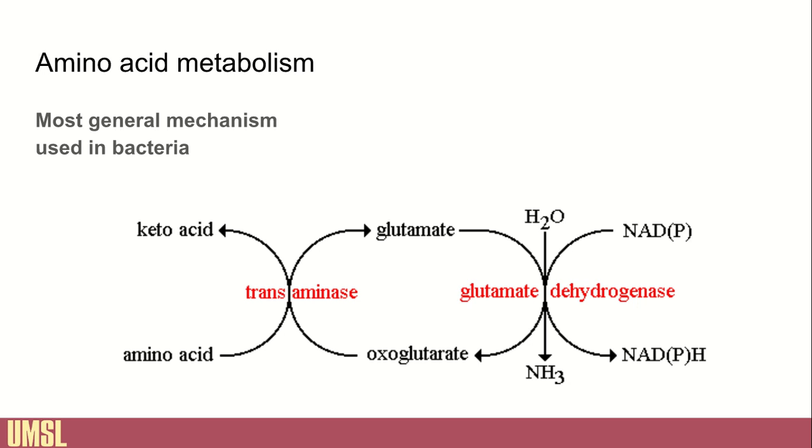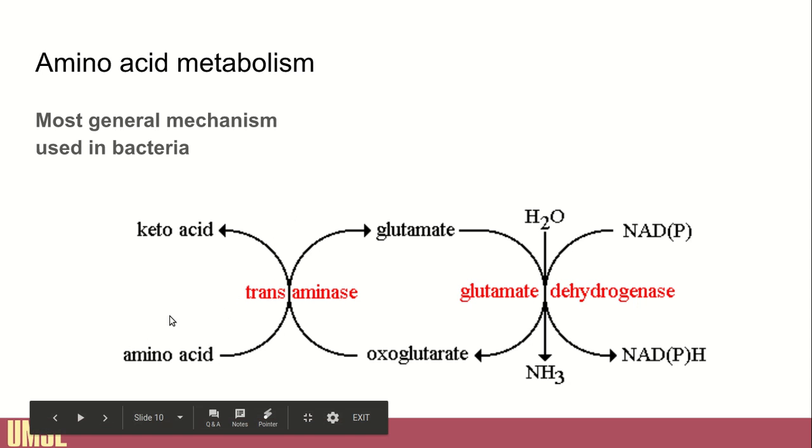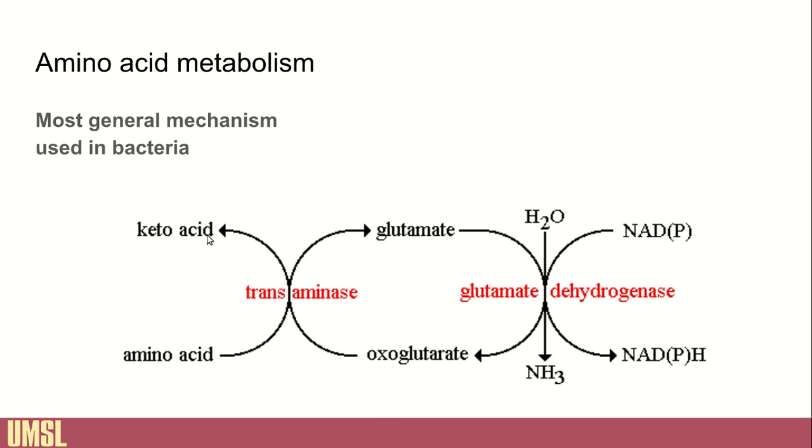So those two other mechanisms that I showed you are very, very specialized, and there are some specific amino acids that have dedicated deamination mechanisms, but the most common mechanism is a process that is coupled to glutamate dehydrogenase and transaminase. And so transaminase is an enzyme that will take amino acids, and they're very promiscuous in what they will accept as amino acids, and that they will remove that amino group to produce keto acids, like the ones that I just showed you.